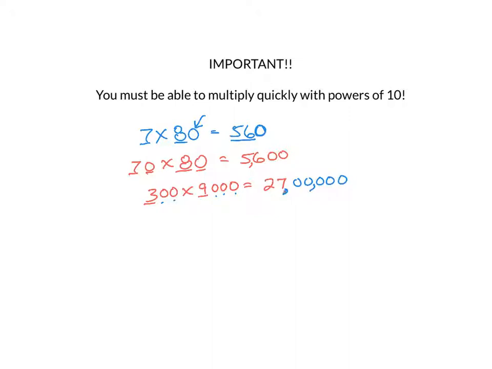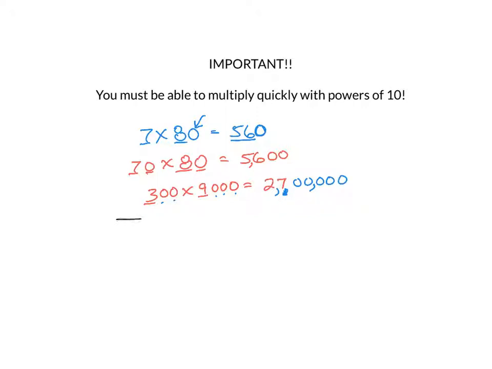I put that comma in the wrong spot there, and I get 2,700,000 for an answer. It's very important that you're able to multiply quickly with powers of 10. You will be doing that a lot when you are going through and estimating with multiplication.